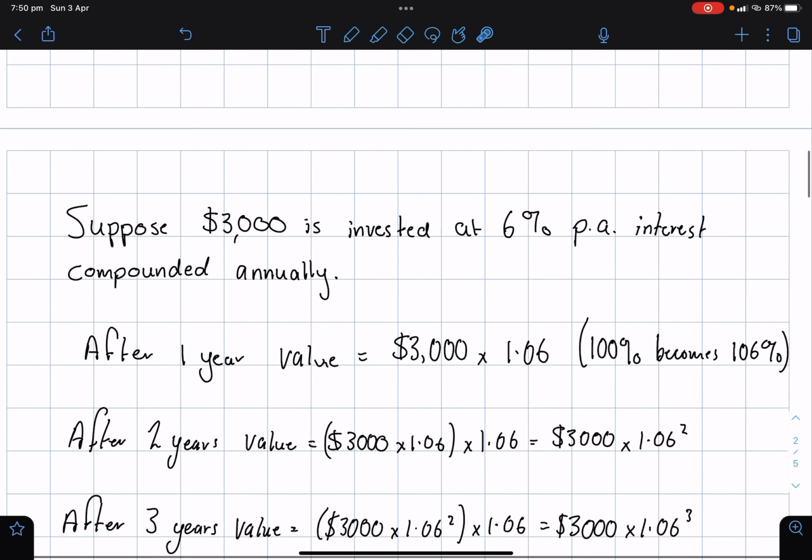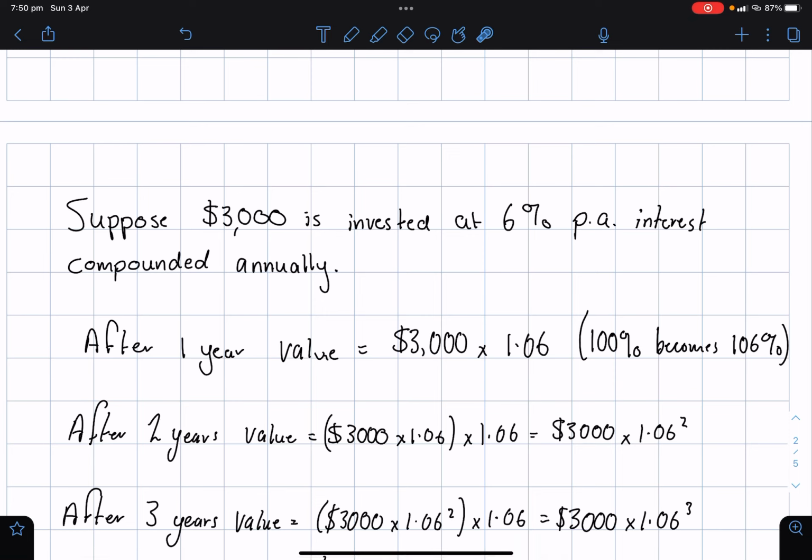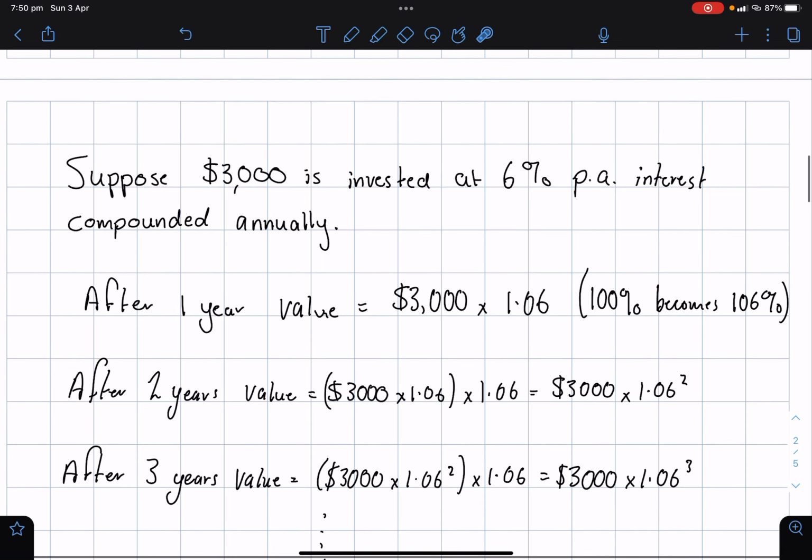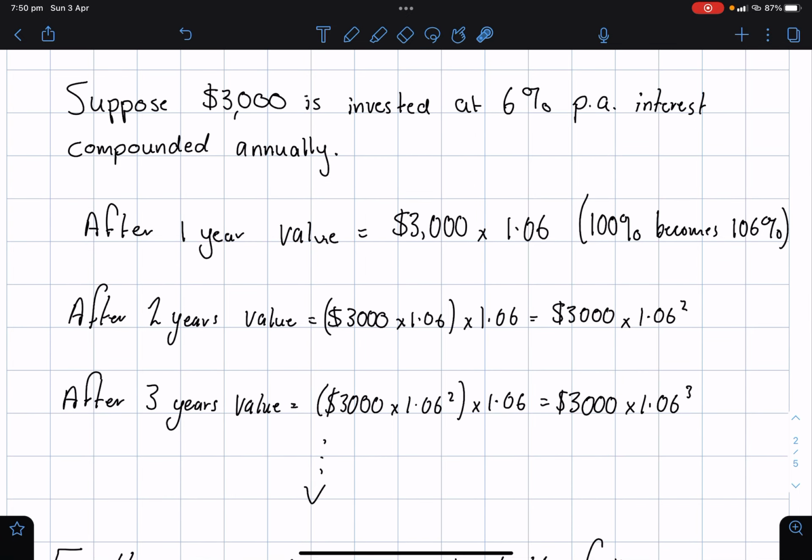After 3 years, we take the value after 2 years, $3,000 times 1.06 squared, times by another factor of 1.06. When we're multiplying numbers with the same base, we add the indices. So $3,000 times by 1.06 to the power of 3, because we've got an index of 2 and an index of 1, and we add them together to get 3. This will continue on for as long as you want to keep calculating this compound interest, okay?